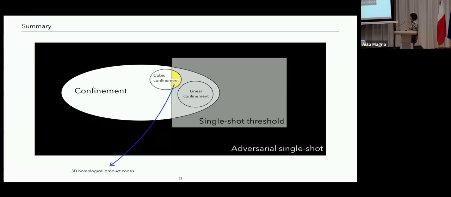And we know how to build self-correcting quantum memories, maybe some people have heard about that, but we don't know the close relationship between energy barrier and single shot. So if a code has the single shot property, does it have an energy barrier, maybe a word that is familiar to some of you. It's still an open problem to understand precisely what the necessary conditions are for a code to exhibit this kind of property.